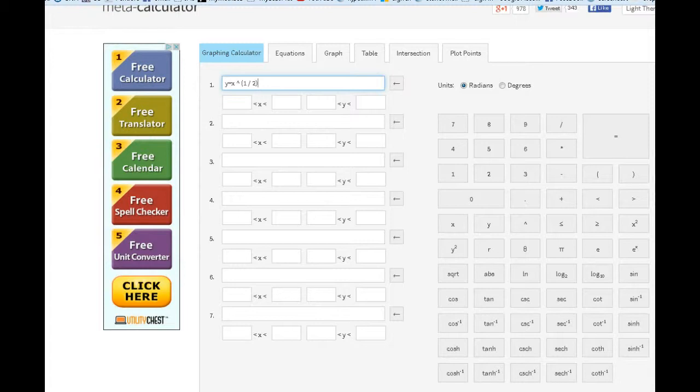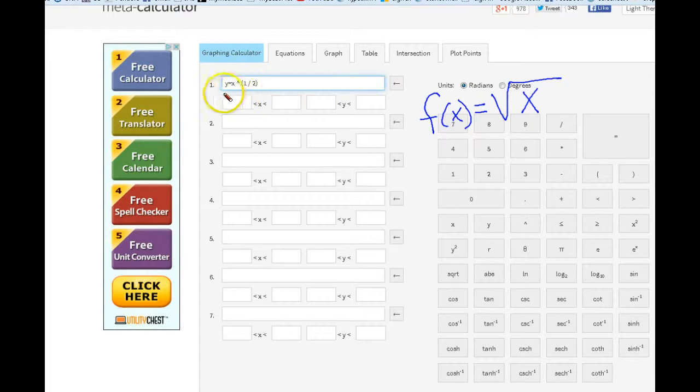Well, I was playing around with my computer and I was looking for graph paper. Well, I actually found this free graphing calculator online. Now, if we take what they give us for example 2, which was f of x equals the square root of x.